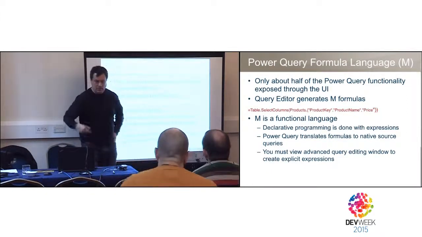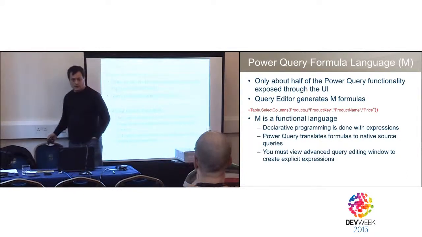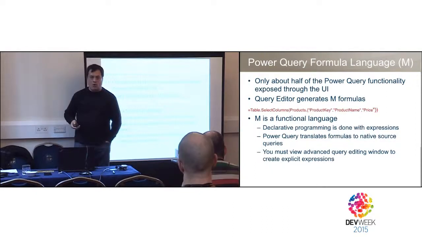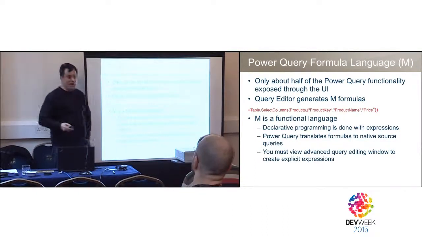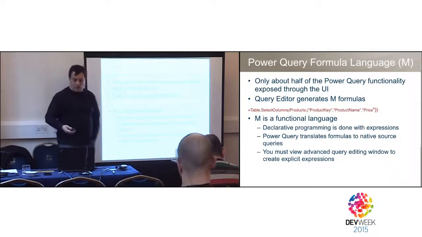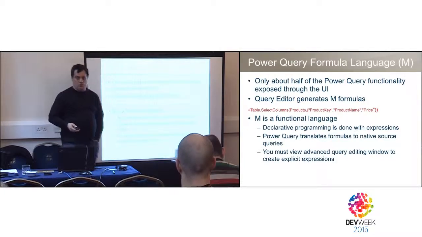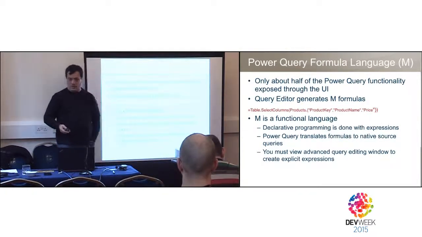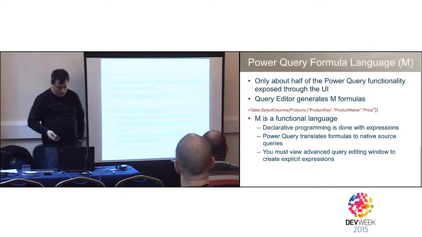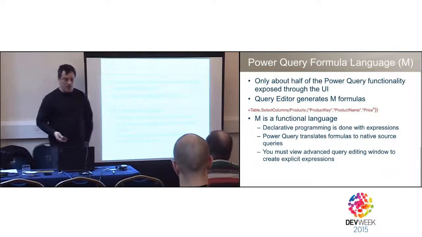We did some changing data types, merging data, adding custom columns. But what we created behind is a Power Query expression. So Power Query formula language, also known as M. It was kind of a working name. Now the official name is Power Query formula language, although everybody still talks about M.